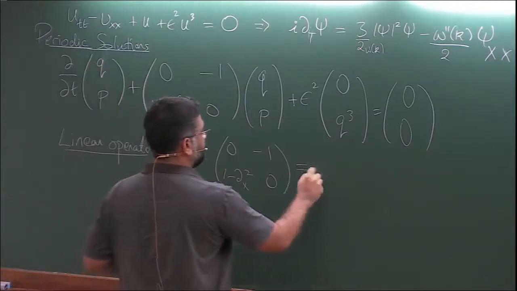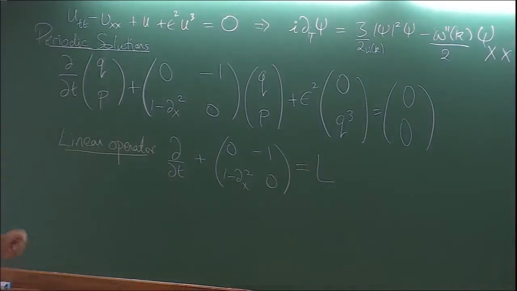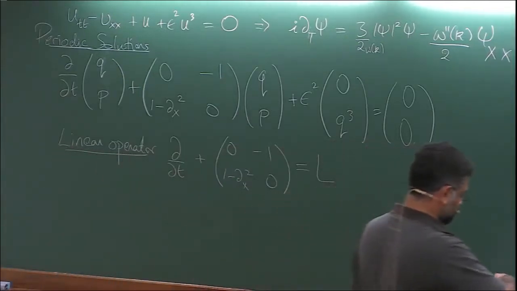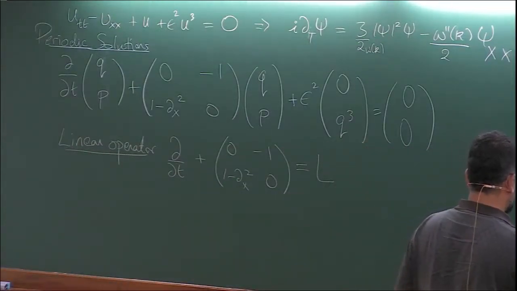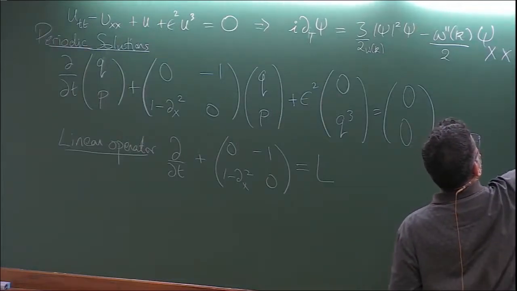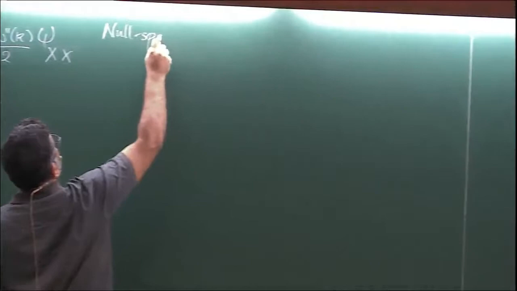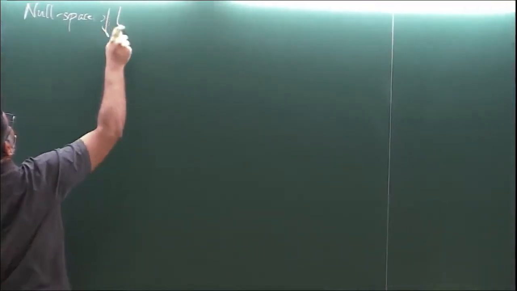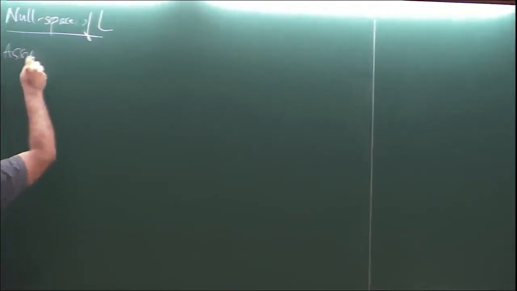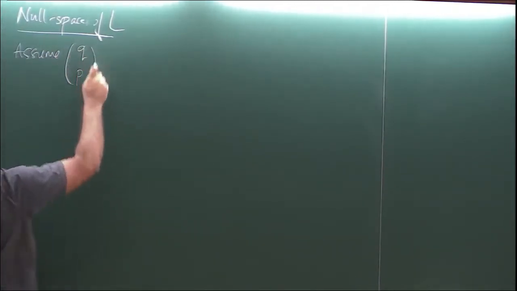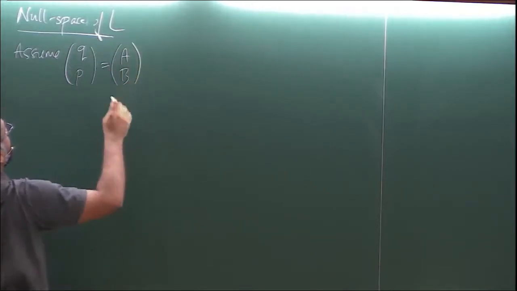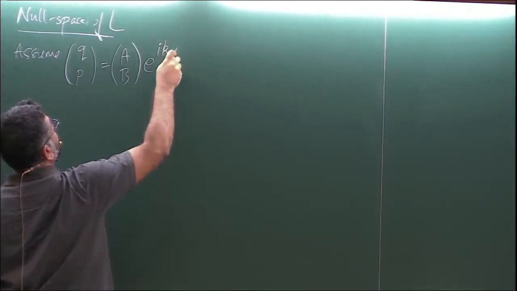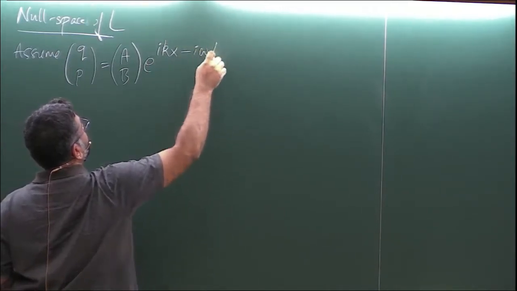So this is my operator L. How do we solve constant coefficient differential equations? We always assume a form of an exponential and turn it into an algebraic problem. Right? So I'll assume, so this is the discussion of the null space of L. So assume QP looks like AB e to the ikx minus i omega t.